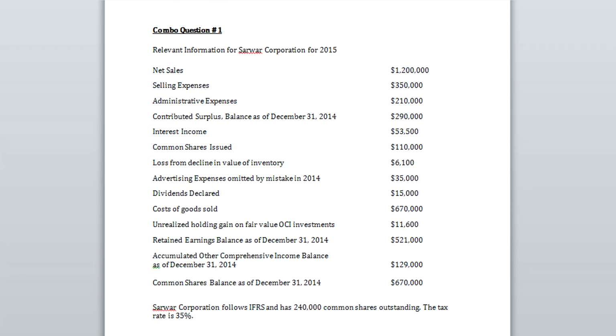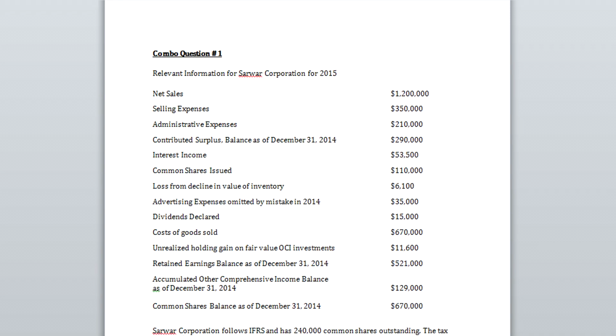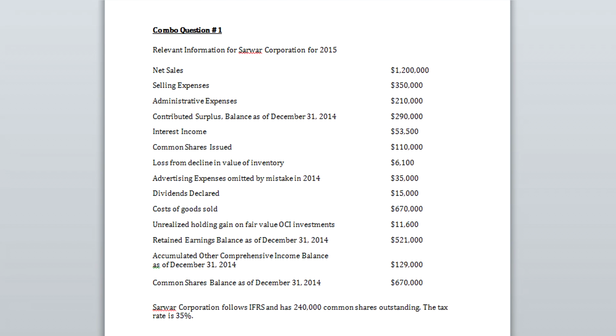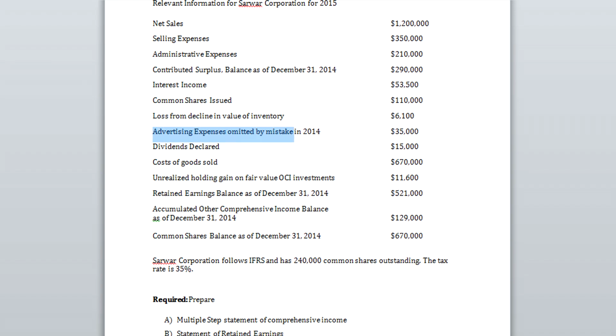Okay, so let's just jump right into this first one here. Hopefully it won't take us too long. Right here, we have the relevant information for the Sabra Corporation for 2015. It's going to give us our net sales, 1.2 million. We have selling expenses, admin expenses, contributed surplus beginning balance, interest income, common shares, loss from declined inventory, advertising expense omitted by mistake.